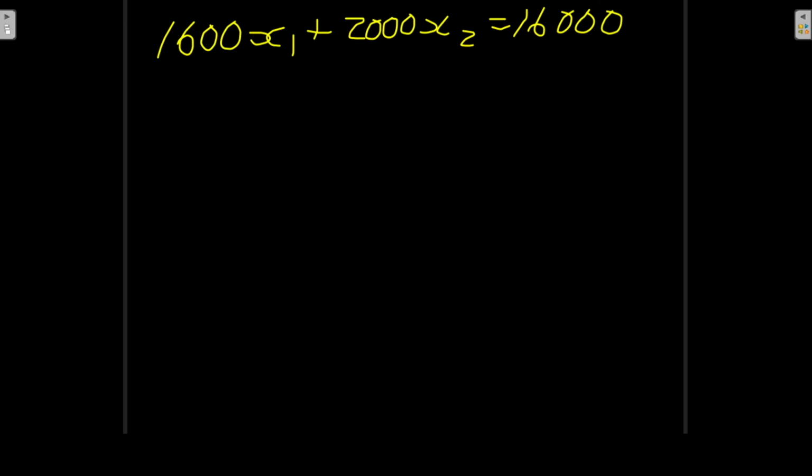Now, I'm not going to go through the whole detail, but we go about exactly like we've done to plot any linear function. So the 2 points that you can connect will be where x1 is 0 and x2 is 8, and the point where x1 is 10 and x2 is 0.